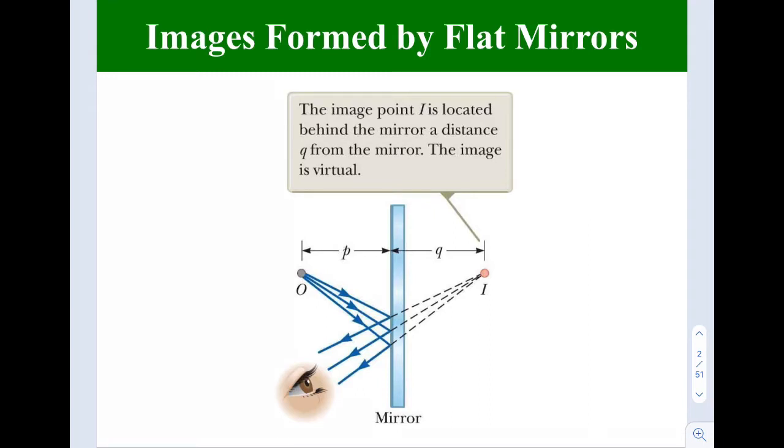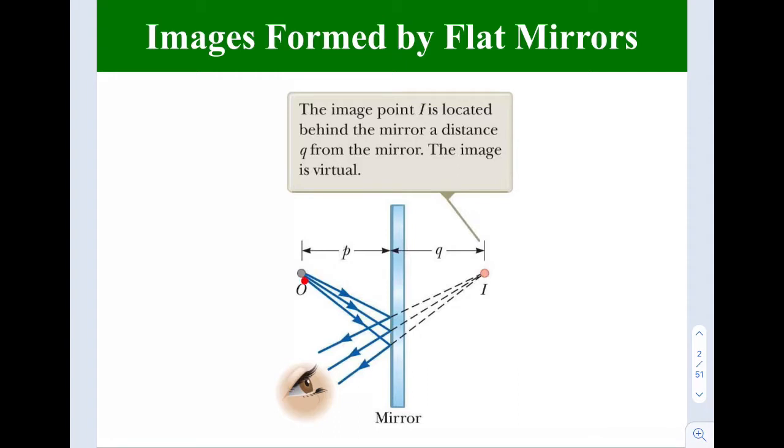So if you see here, we have a mirror, right? Flat mirror. Let's say this is point O, here is the object. The position of the object to the surface of the mirror, where reflection happens, is based on the law of reflection. Remember, the incident angle must equal the reflected angle.